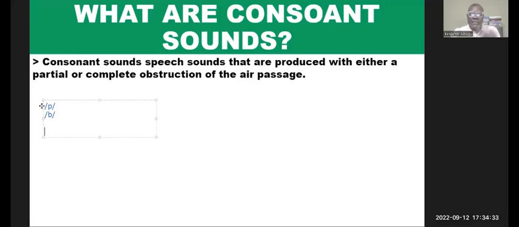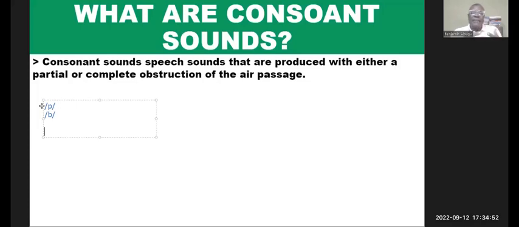In producing speech sounds, we use the air that originates from our lungs and which moves through the windpipe and enters through the pharyngeal cavity into the oral cavity, which is the mouth.